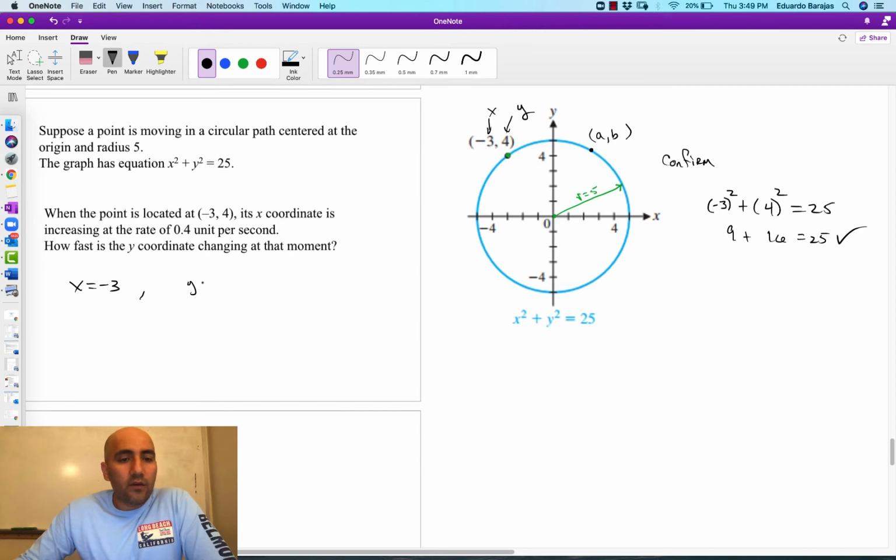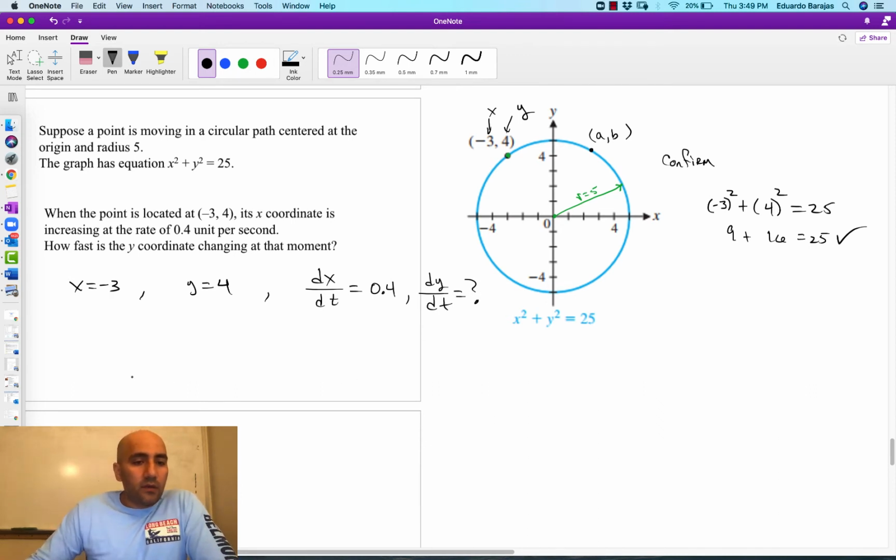They've given us the y-coordinate, that's equal to 4. And they've given us dx/dt, the way that the x variable is changing, and that's equal to positive 0.4. So we have these three things, and what they're asking for is how the y-coordinate is changing. So I know that it's dy/dt that they're interested in. That's the question mark.